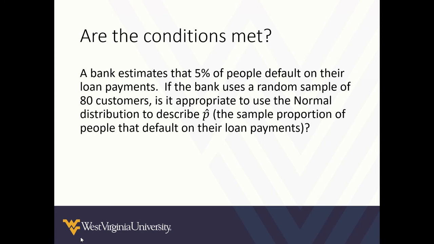So let's consider another one. A bank estimates that 5% of people default on their loan payments. If the bank uses a random sample of 80 customers, is it appropriate to use the normal distribution to describe p hat, the sample proportion of people that default on their loan payments? Well, let's examine the 10% condition.